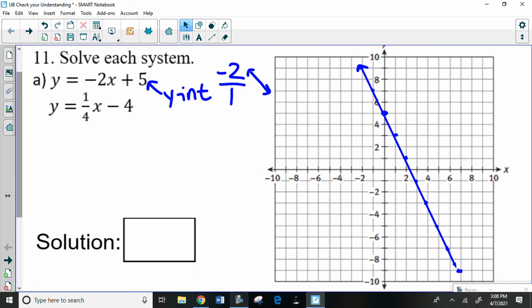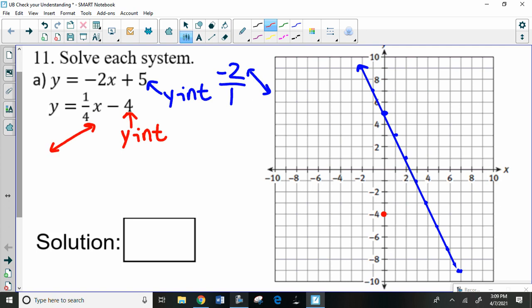Our second graph, we have a y-intercept down at negative 4. So on your y-axis, go down to negative 4. And then my slope here is a positive 1 over 4. So it's going to be increasing or inclining from left to right. So up 1 over 4.